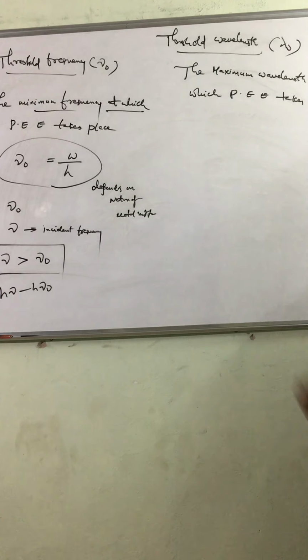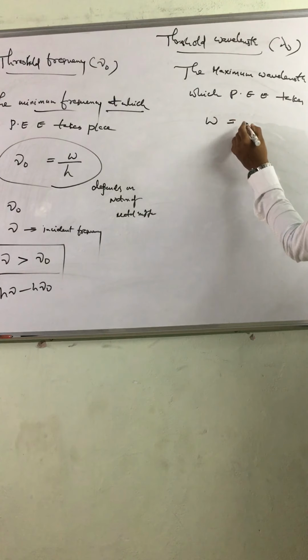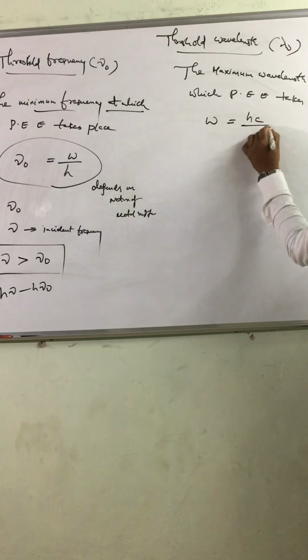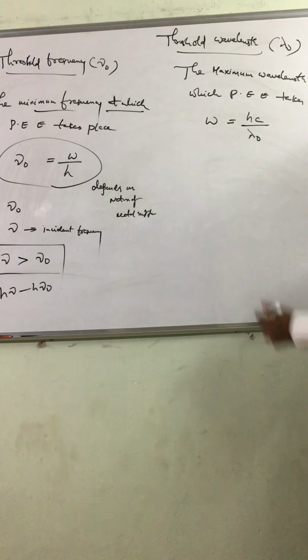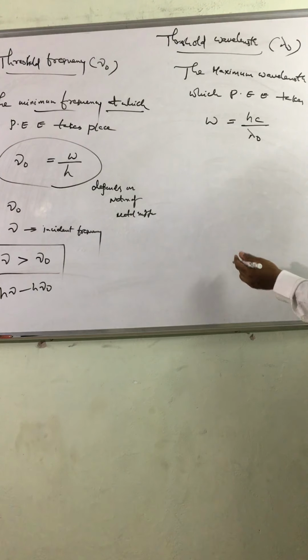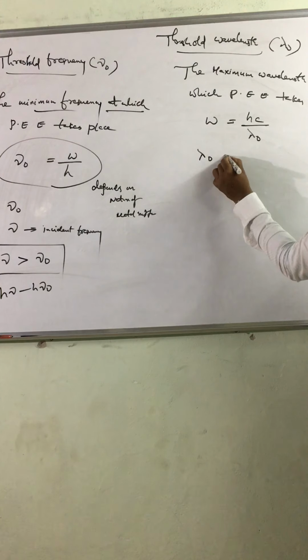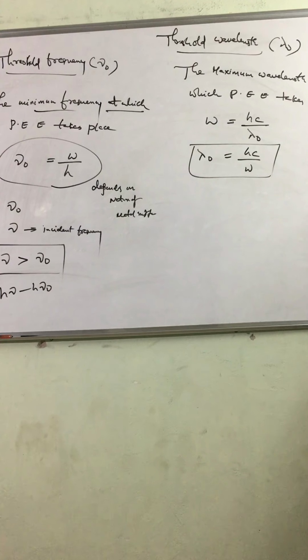That is threshold wavelength. It can be calculated by using W is equal to hc by lambda naught, because W is equal to h nu naught, which is hc by lambda naught. So lambda naught is equal to hc by W.